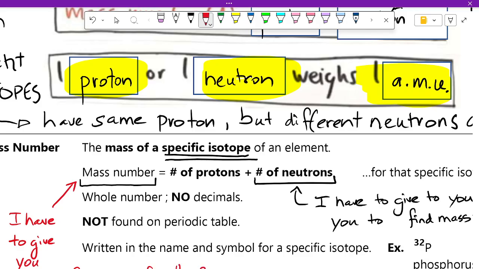If I don't give you the mass number, you cannot find the number of neutrons. The mass number is not on the periodic table.